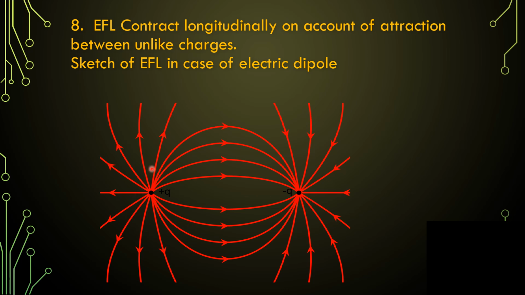A positive test charge bends towards the negative charge. So this is the path along which the test charge moves in space. So when a dipole is placed like this, the electric field lines are curved lines that start from the positive charge and end on the negative charge.